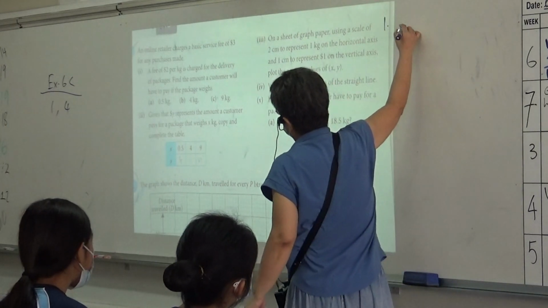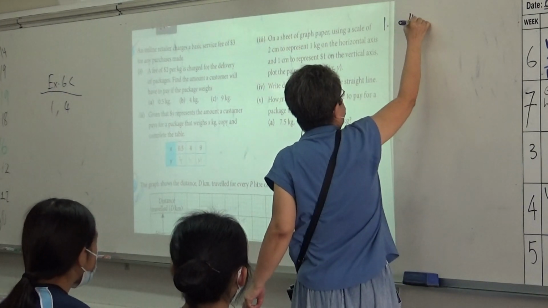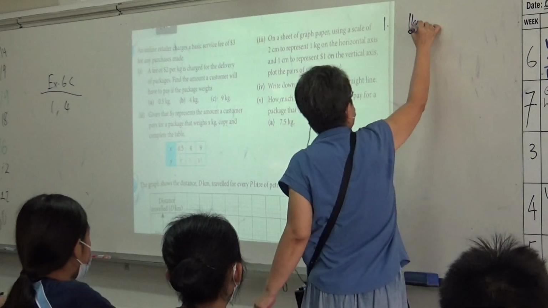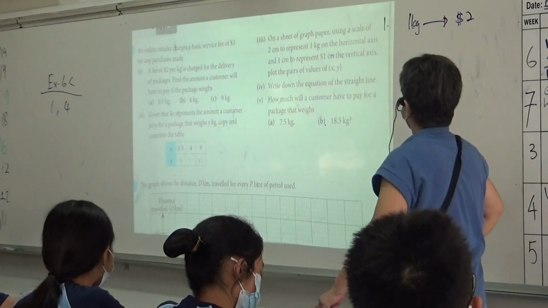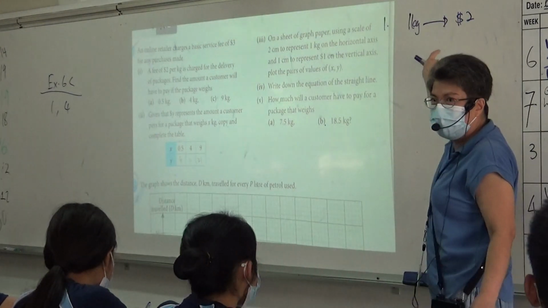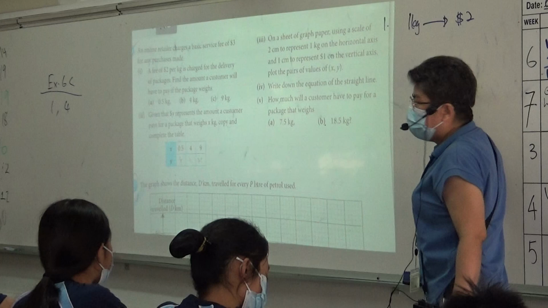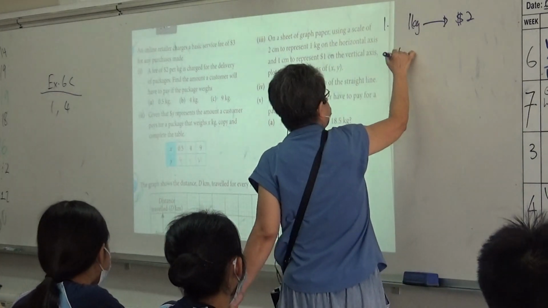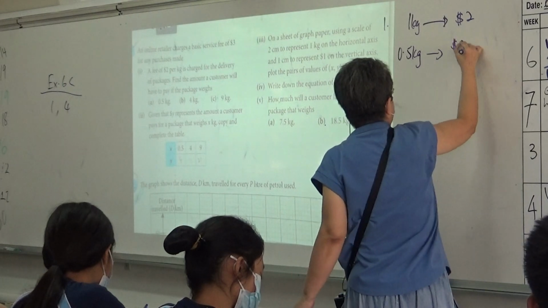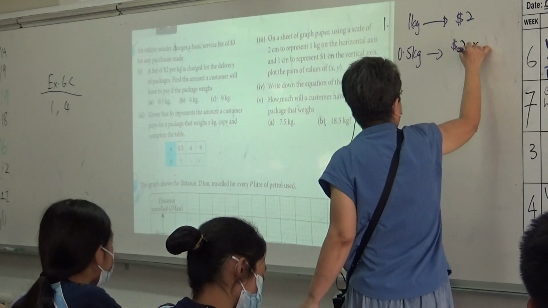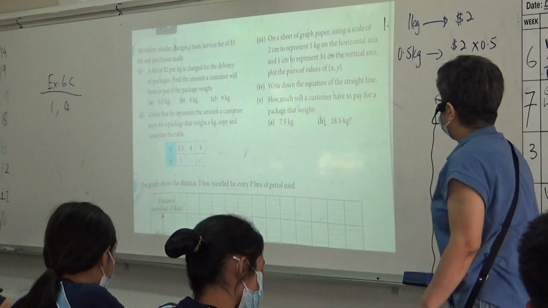Alright. 1 kilogram is $2, correct? Yes. You must put an arrow, not an equal sign, understand? So, 0.5 kilogram will be 2 times 0.5, right?